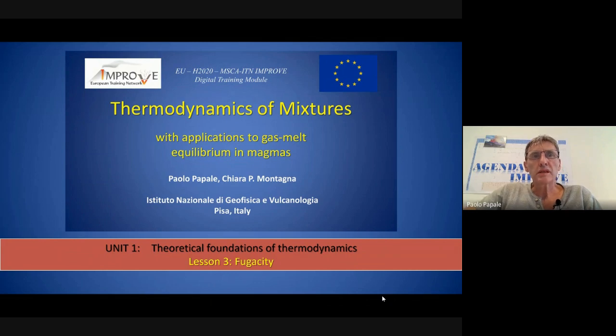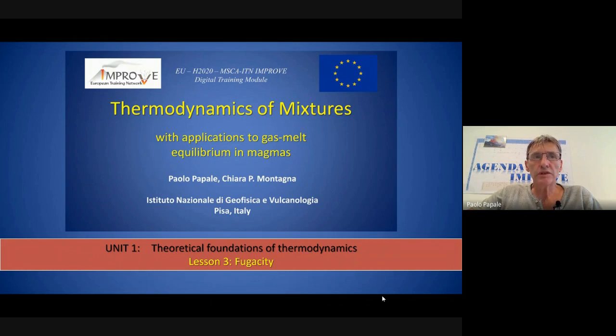In the previous lesson 2, we have seen that equality of the chemical potentials of each component in all phases corresponds to minimization of system energy, and it is therefore a criterion for equilibrium, stemming directly from the first and second laws of thermodynamics.